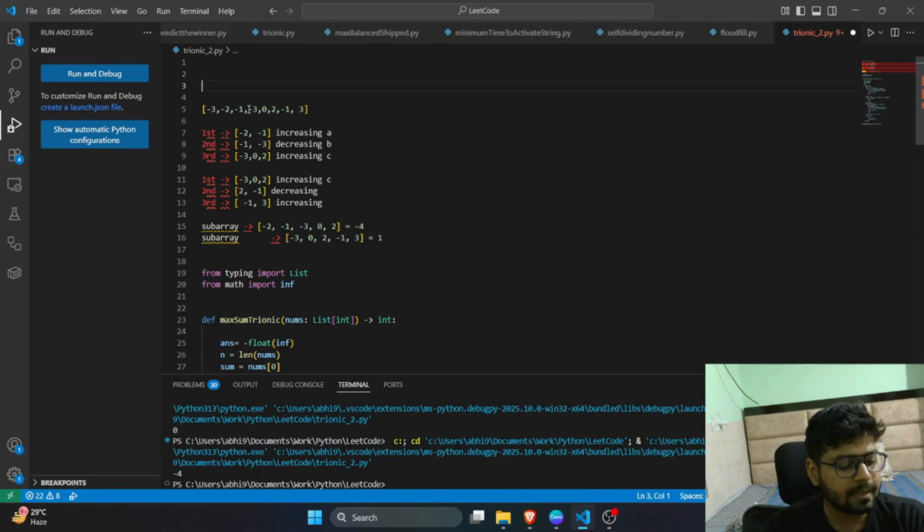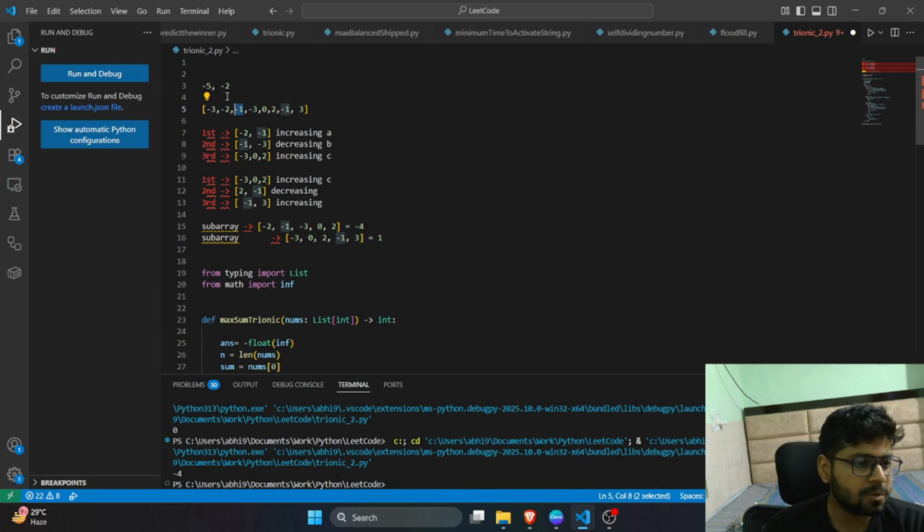So we will check minus 3 and minus 5 is minus 5 and minus 2. The sum till now is greater than this, and this we will check only if the next order is increasing.